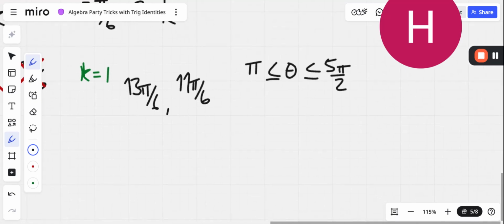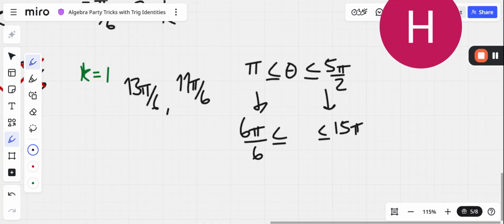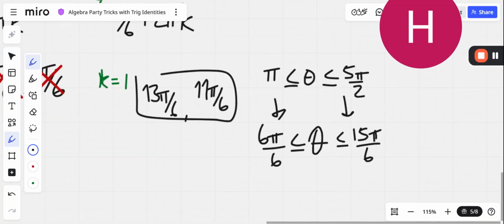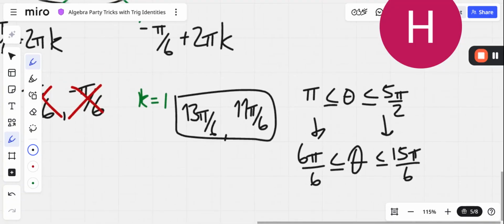So the question is, is 11 pi over 6 within that range? If I put these in terms of pi over 6, this would be 6 pi over 6, and this would be 15 pi over 6. So anything within that range is accepted. That means that these two are both good to go, because they're between 6 pi over 6 and 15 pi over 6.